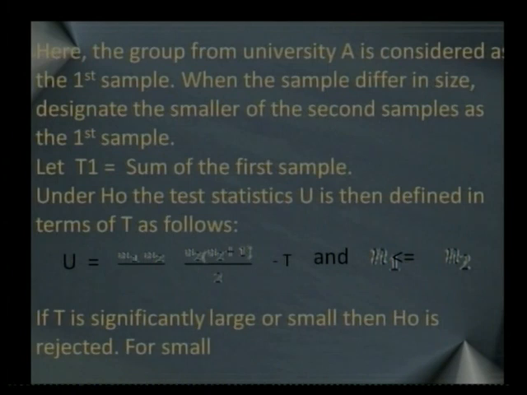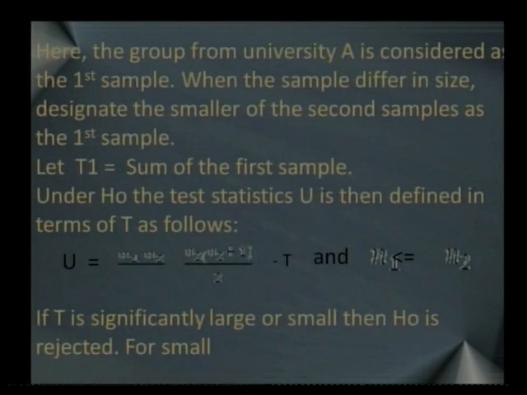Now come here again and apply the procedure. Here also the group from university A is considered as the first sample. When the samples differ in size, designate the smaller sample as the first. If the second sample is smaller than the first sample, then we have to assign the second sample as the first sample and the first sample as the second sample.